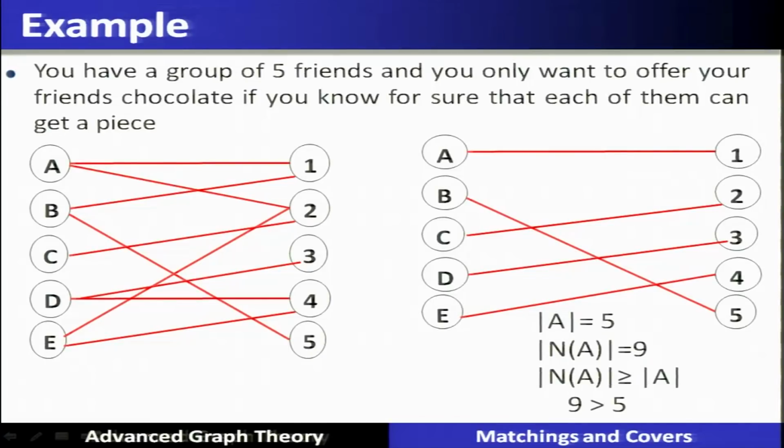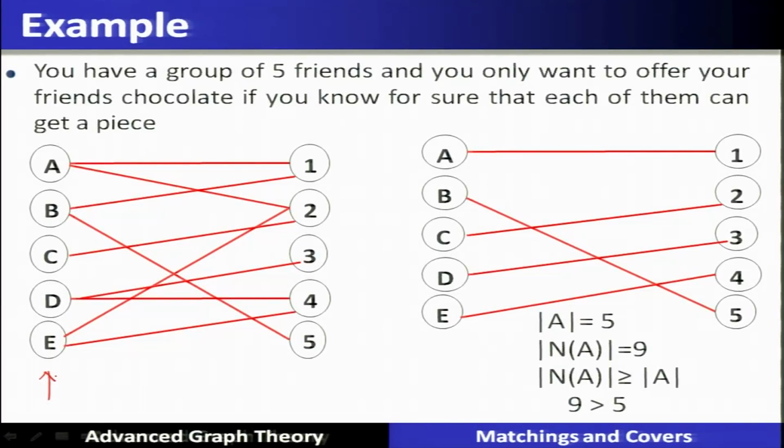Now, we have to find a matching, that means only if everyone is guaranteed to get a chocolate are we going to distribute it. Let us see whether you are going to saturate all the friends with the pairing of chocolate.